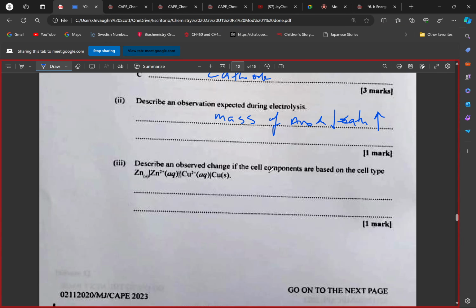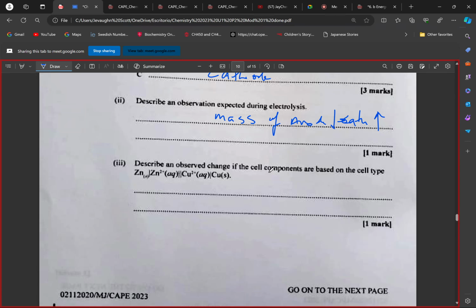You sure? Which one is more reactive? Because the more reactive one, the higher one, would displace the other, so zinc would be more reactive.